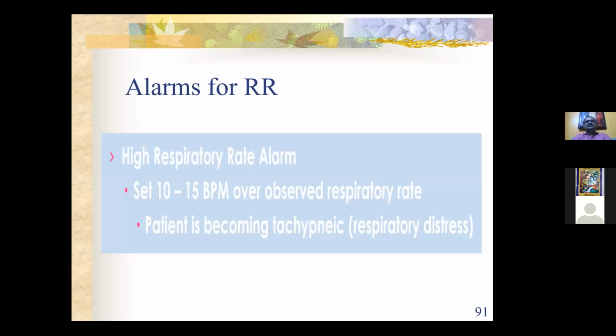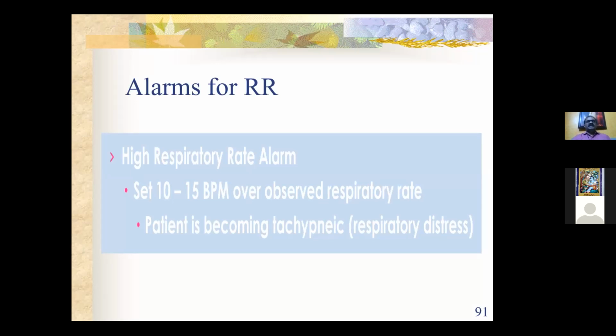If the patient was breathing at around 18 pre-intubation, we'll keep it around 10 to 15 breaths per minute above the 18. So we'll keep it around 28 or something. If the patient breathes above 28, alarms should ring.